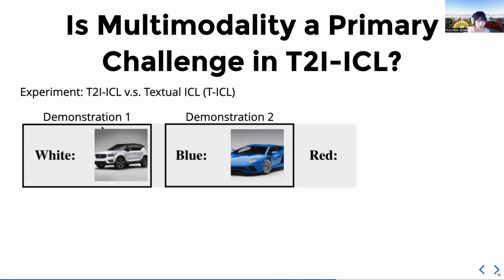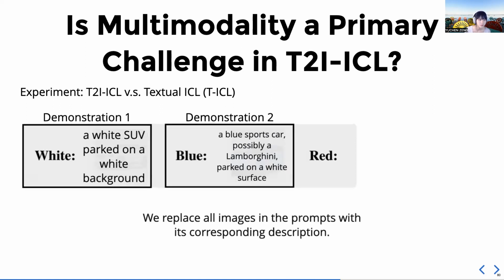Here we provide two demonstrations and we hide the latent information, which is the car, in the demonstrations only. But now we replace all the images in the prompt with their corresponding descriptions. So in this case, the prompt becomes completely text. There are no images at all.